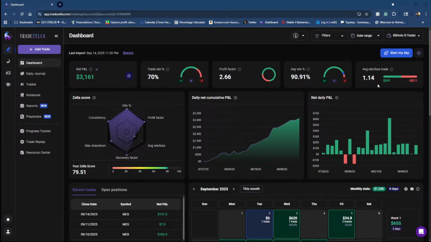And if I take a loss on a bigger trade and then get a win on a smaller trade, it skews this number. Whereas this number here, total profits divided by total losses, a profit factor over 1 indicates a profitable trading system. So you can see I'm way over 1. This is 2.66. This is so effective.